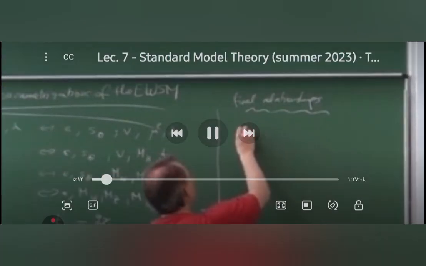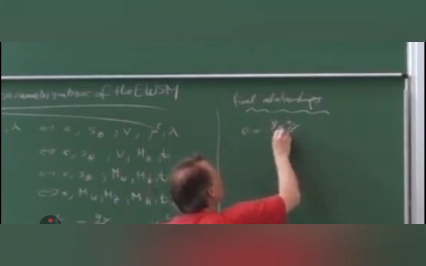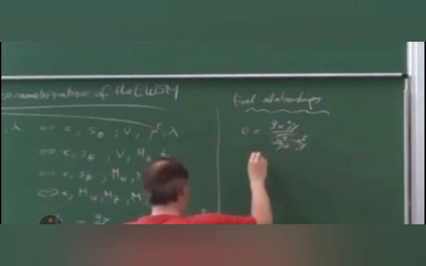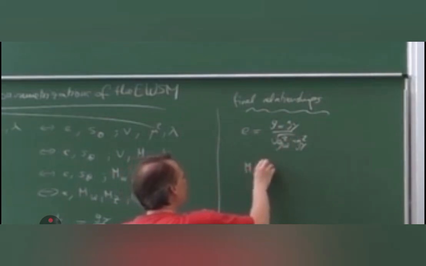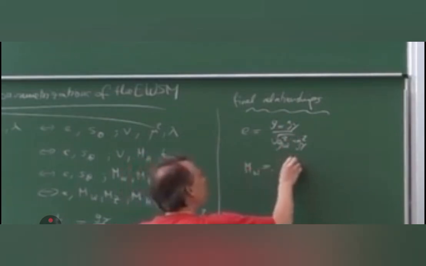So the final relationships are then E is given once again by this. MW is given by GW times V divided by 2.